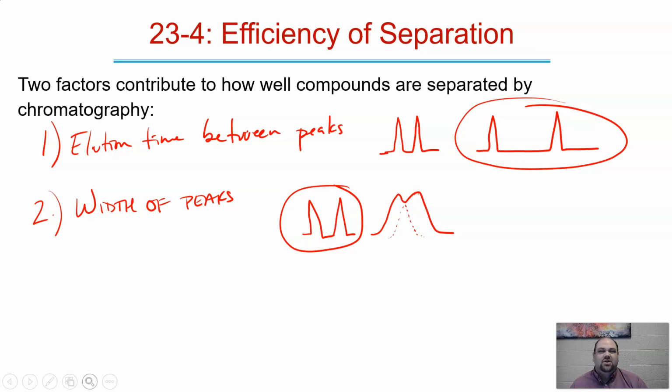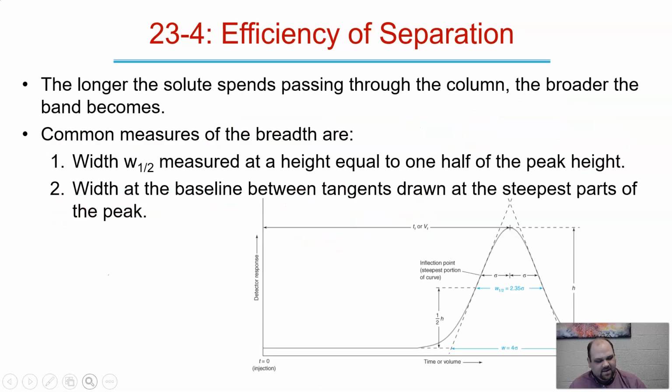So how do we know what's a good width and what's not a good width when it comes to a particular set of peaks? Generally speaking, the longer the retention time, the broader a band is going to be. Part of this is due to diffusion. The more time it spends in the mobile phase, the more random motion is going to cause it to not stay in that one packet, but move outside of that packet, broadening that peak.